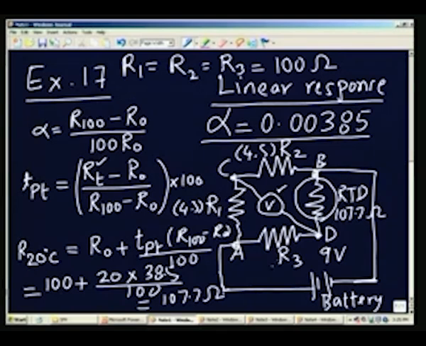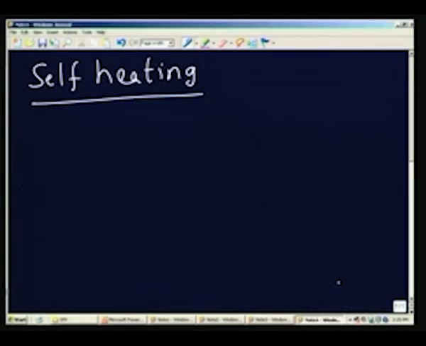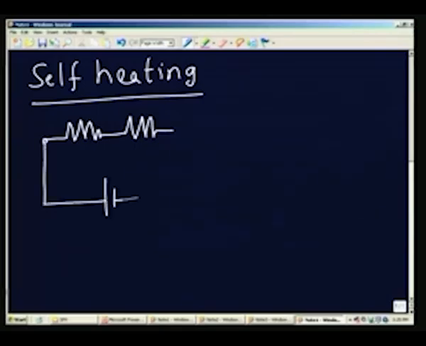I will redraw that sketch here. You essentially see that there are two resistances in series across the battery. This is the PRT or the RTD, and this is the resistance R3.